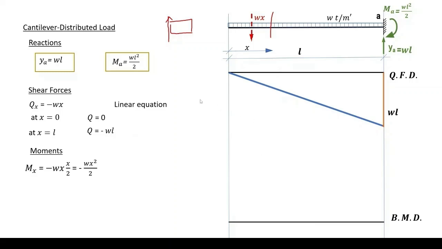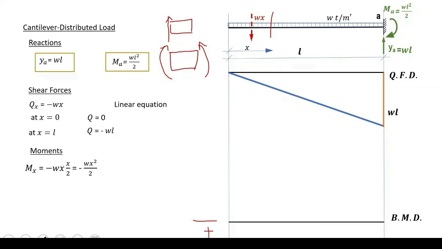Again, please recall the sign convention of the bending moment. Here we have our elemental beam. The moments with the tail downwards, lower fibers under tension, is the positive moment.